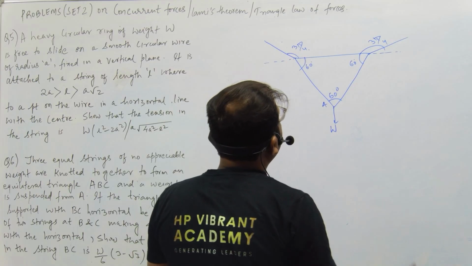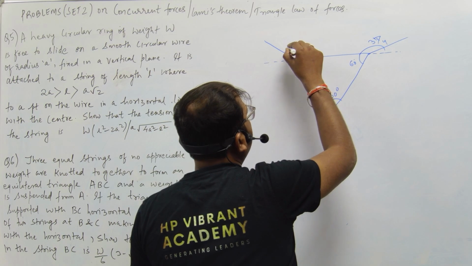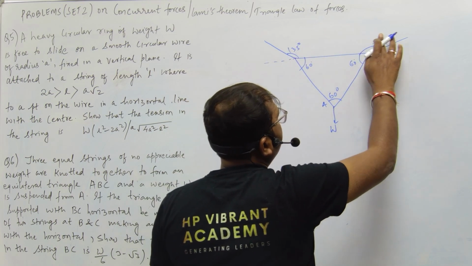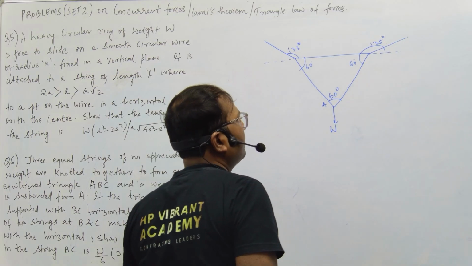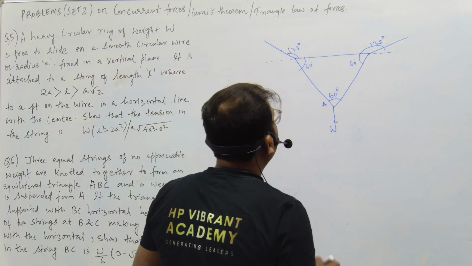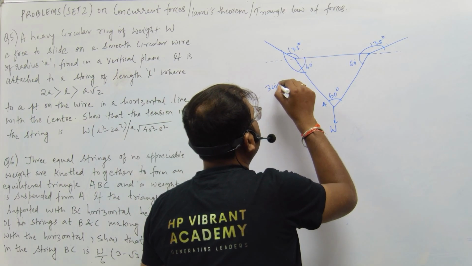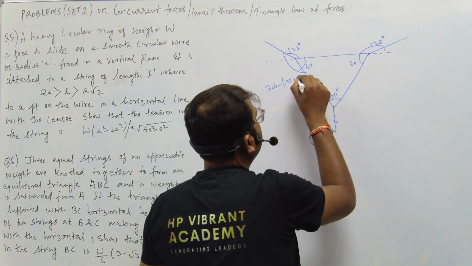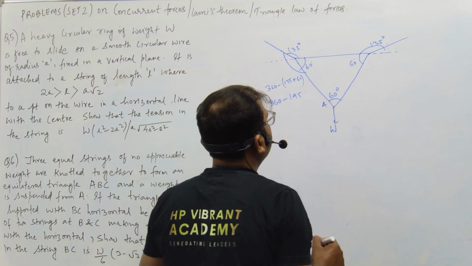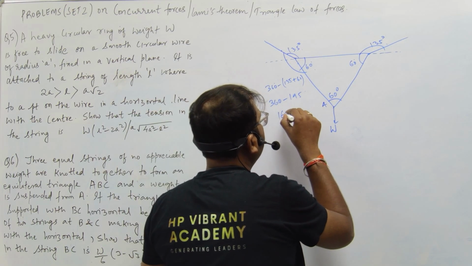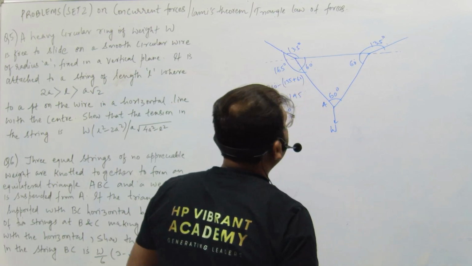In terms of angle, it is 135 degree. This is also 135 degree. 3 pi by 4 is 135 degree, the angle in terms of radian. So this is 135, this is 60. So this angle will be 360 minus 135 plus 60, so this is 360 minus 195. So this is 165 degree. This is 165 degree.